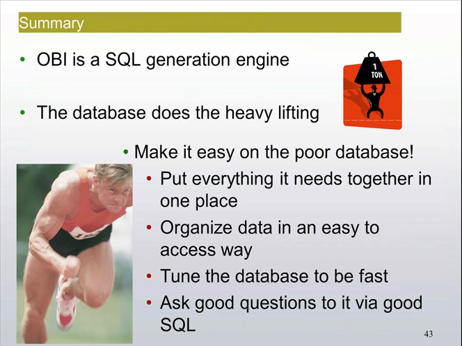Can you explain a bit more about when star transformations or aggregates should be used? Okay, good question. Star transformations versus aggregates: they're not mutually exclusive, but each one is tailored for a particular kind of use case. A star transformation is going to be more applicable for detailed reports.